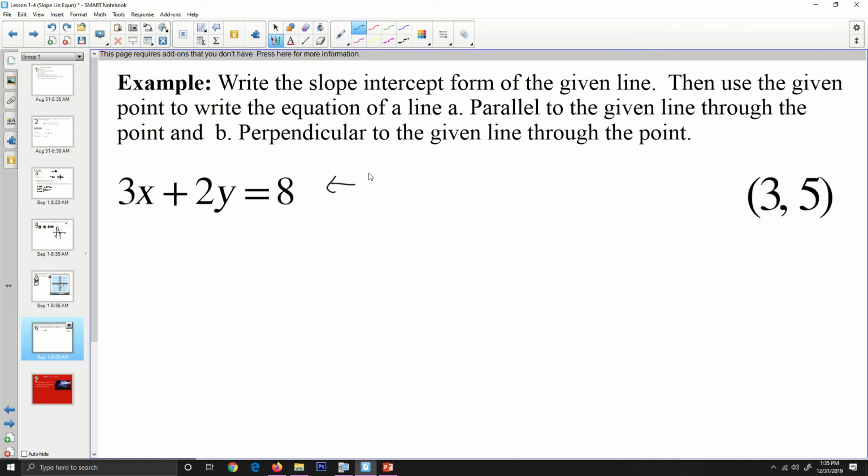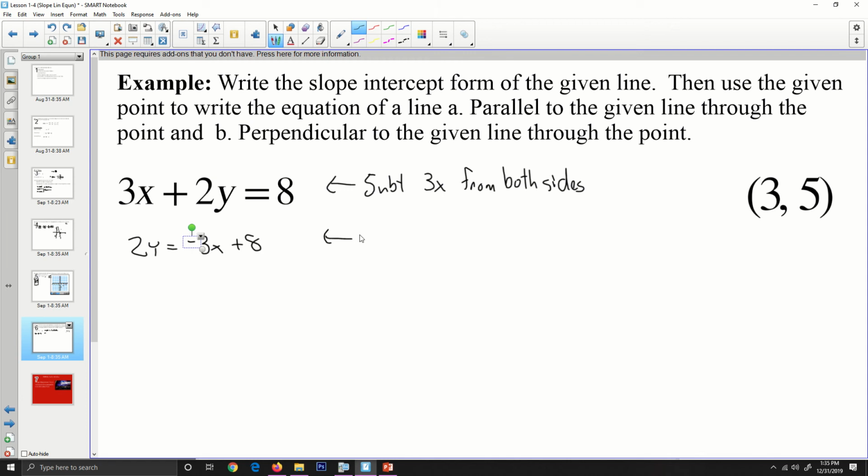And so I'm going to subtract 3x from both sides. And that'll give me 2y equals negative 3x plus 8.